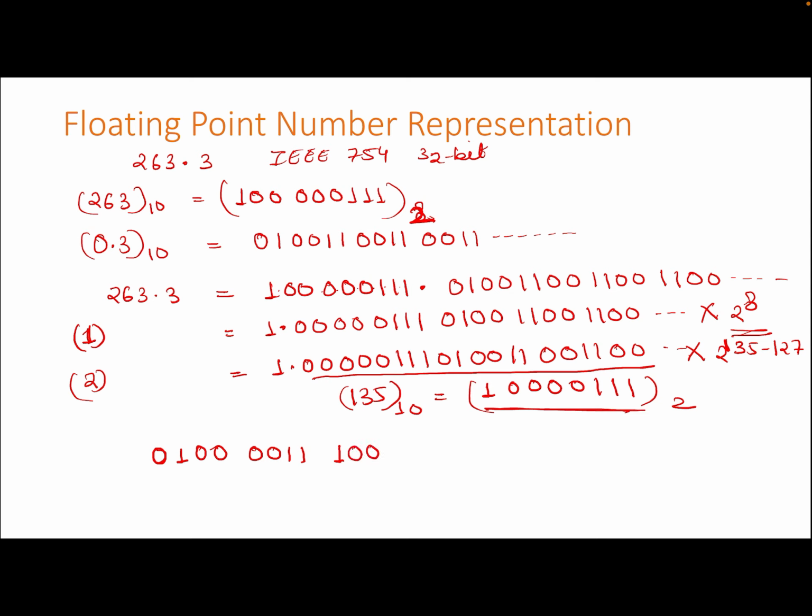So I'll write it like this. So I have taken 3 zeros, then 0 0 1 1, 1 0 1 0, 0 1 1 0 0 1 1 0, and 0 1 1.